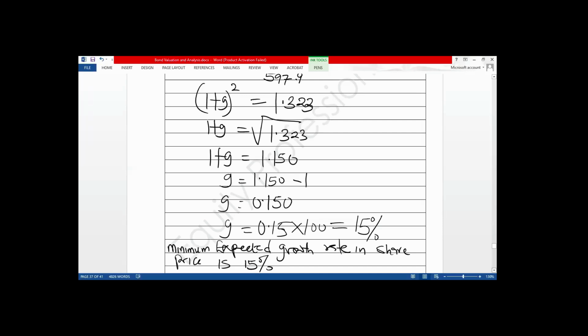Yes, sir. Please, is that the benchmark for all of it or just for this question? The 15%? No. When you say all of this, I'm confused now. I mean, in this question, we calculated 15%. So the minimum expected growth rate, is it 15% for any question or just for this question? Oh, no, it's peculiar to this question.